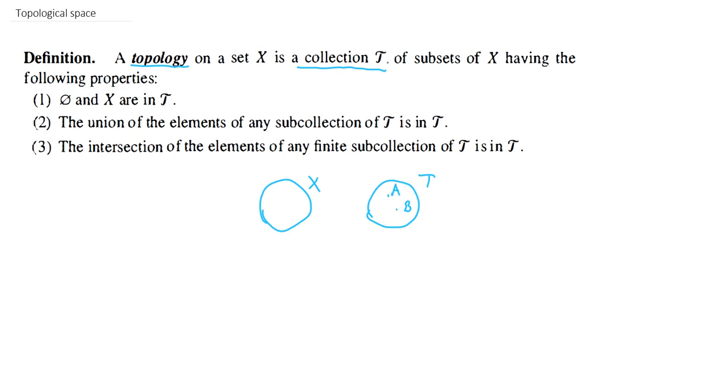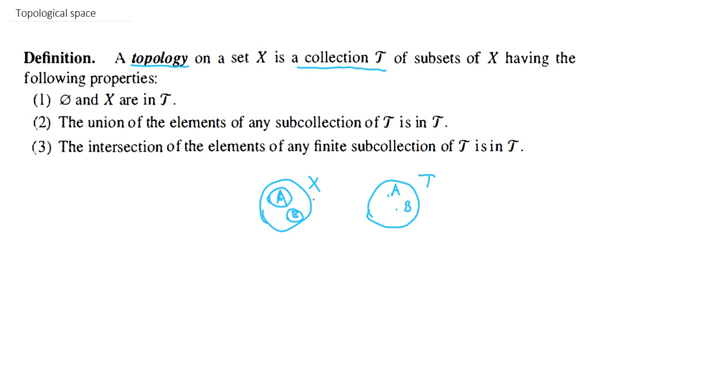And here we know that the collection T is a set of subsets of X. So the elements A and B of the collection T should be subsets of X, like this. So those two subsets of X should be the elements of T.